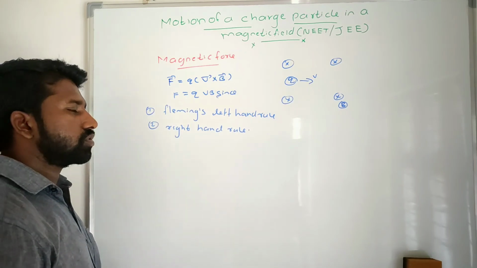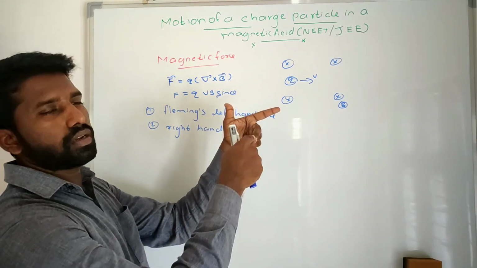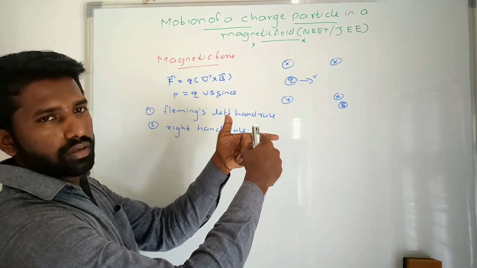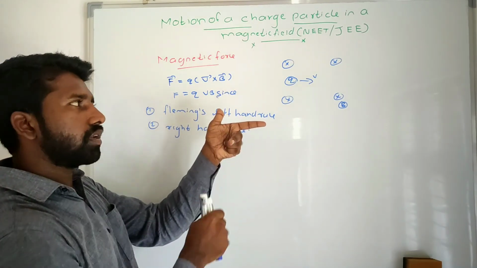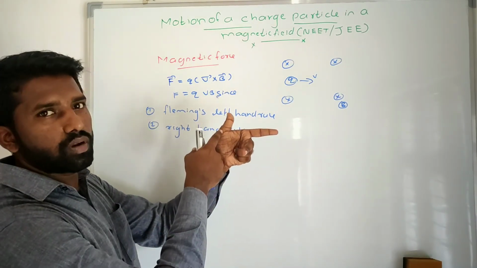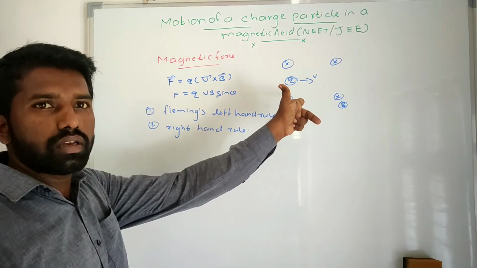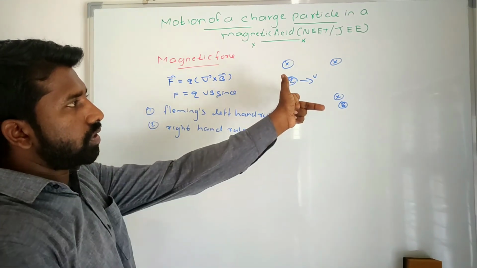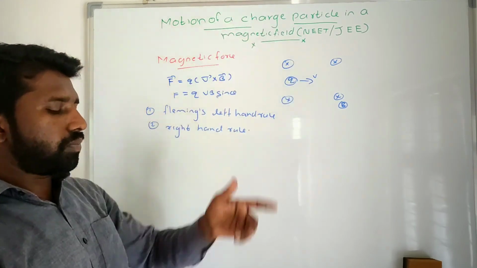In the left hand rule, stretch your left hand's three fingers, that is the thumb, forefinger and the middle finger. The forefinger points in the direction of the magnetic field and the middle finger points in the direction of velocity, then the thumb will give the force direction. So you see here, I am going to place my forefinger in the direction of the magnetic field, the middle finger in the direction of velocity, so the thumb is in the force direction, that is the upward direction.